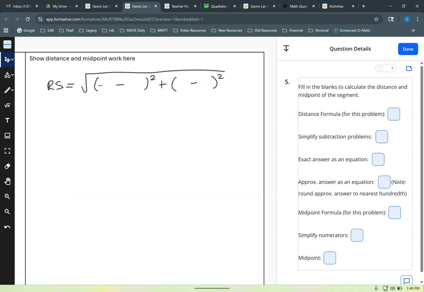So I'm going to go -3, and that's going to be minus -7. So I'm going to put that in parentheses. You put it in parentheses if there's double operators. So if you have 2 math operation signs. Okay, and then I'm going to go 7 minus 1 for my y2 minus y1.